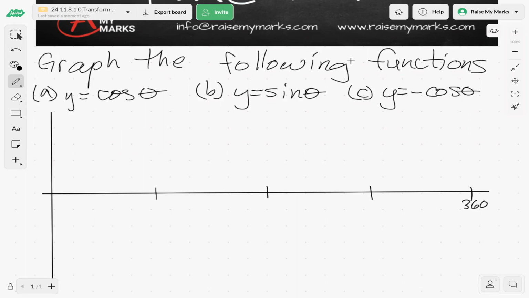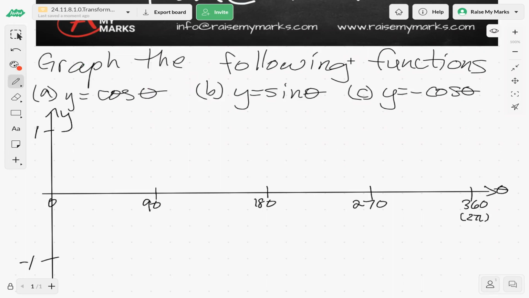So I will mark things off in degrees, but we also know that it's 2 pi radians. Good. And then we're going to divide everything into quarters. We're going to mark off our amplitude or maximum and minimums and label our axes, y and theta.